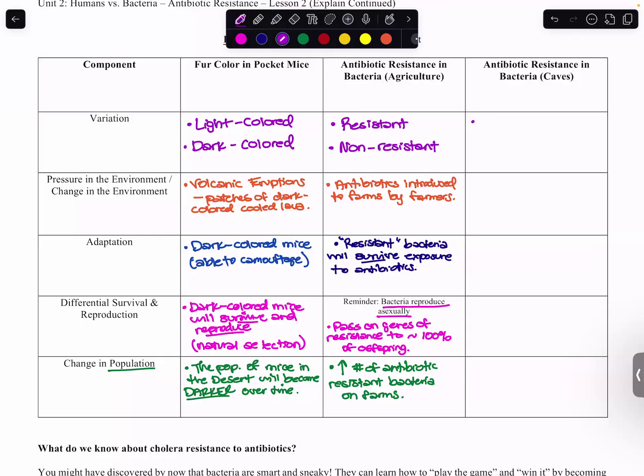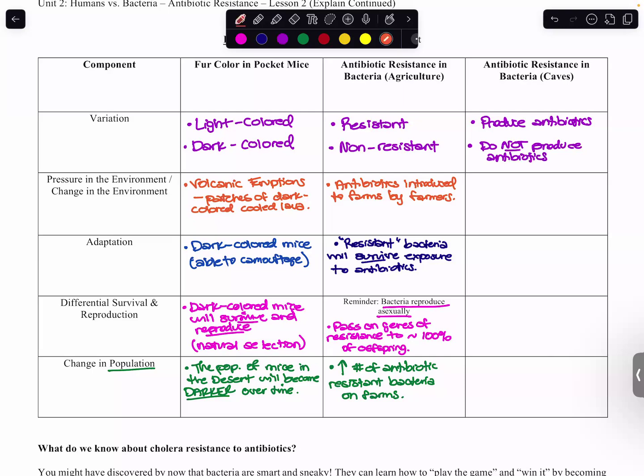In the caves, we saw that these bacteria were able to produce their own antibiotics. So we have bacteria that can produce antibiotics or bacteria that do not produce antibiotics.